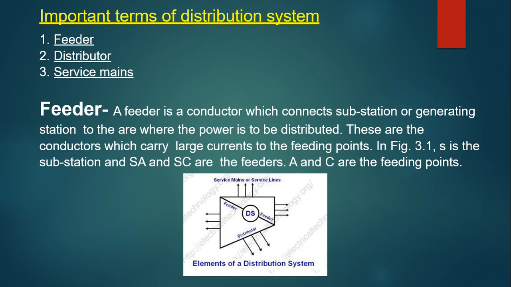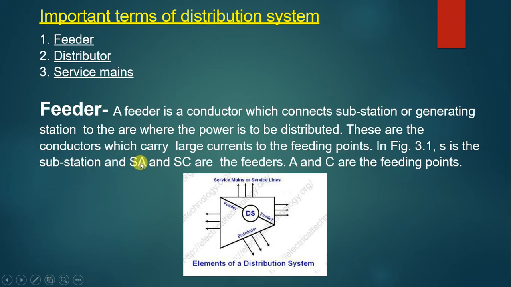These conductors carry large currents to the feeding points. So you have feeders on this and this side, and this is the distribution station. You have distributors and service mains that are connected in vertical and horizontal directions.